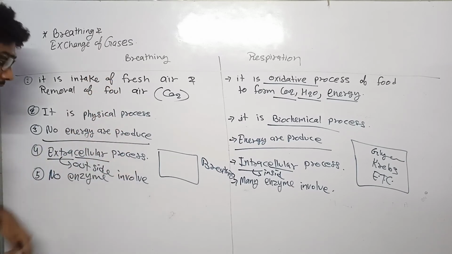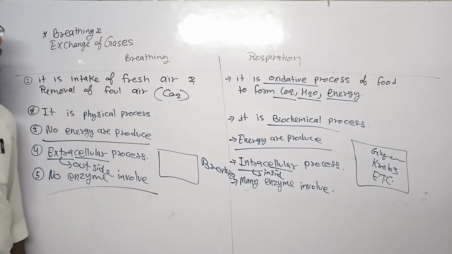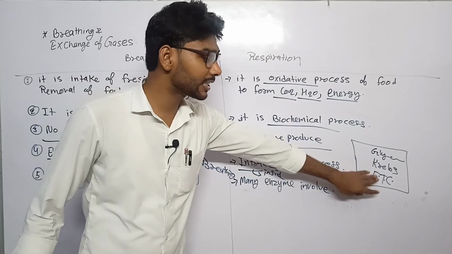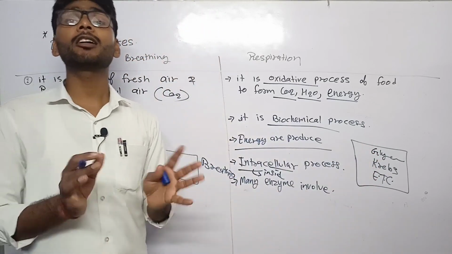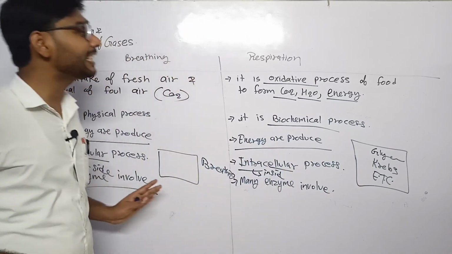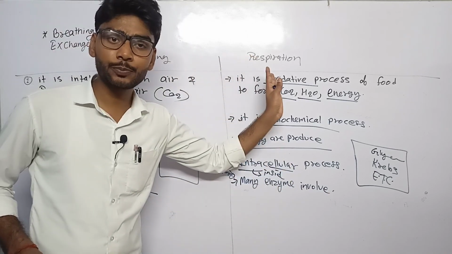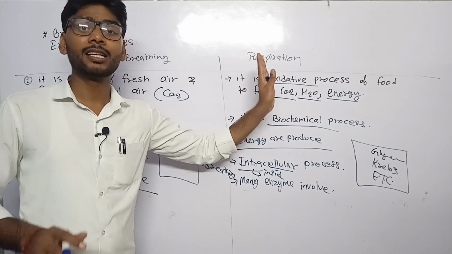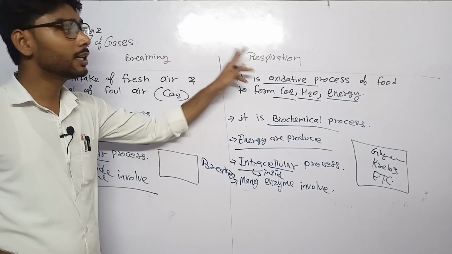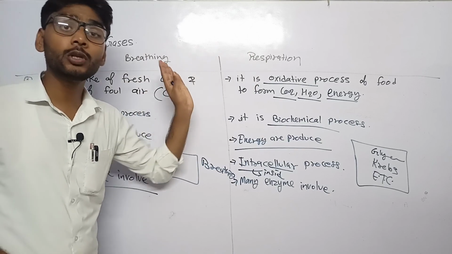There are no enzymes required to perform breathing, but to perform respiration, to perform glycolysis, Krebs cycle, etc., a lot of enzymes are required. Okay, so these are the basic differences between breathing and respiration, but still breathing is generally called respiration, but these are two different things.